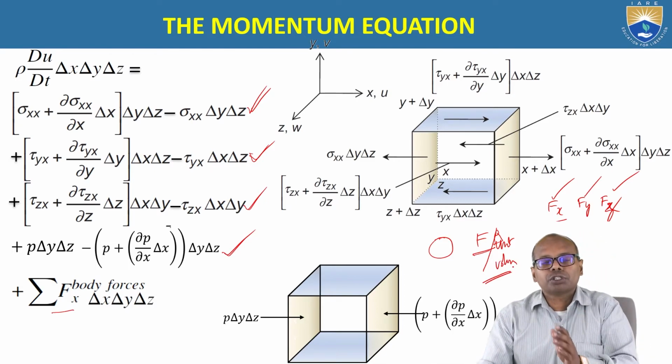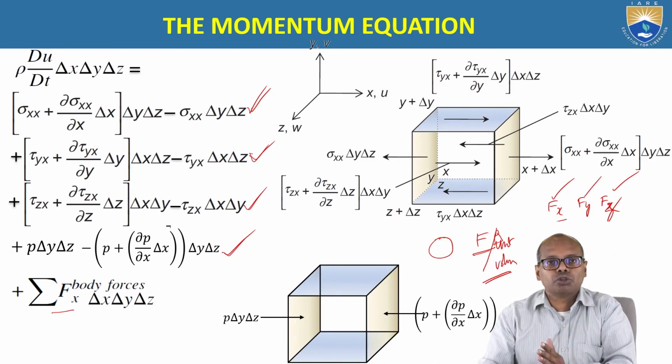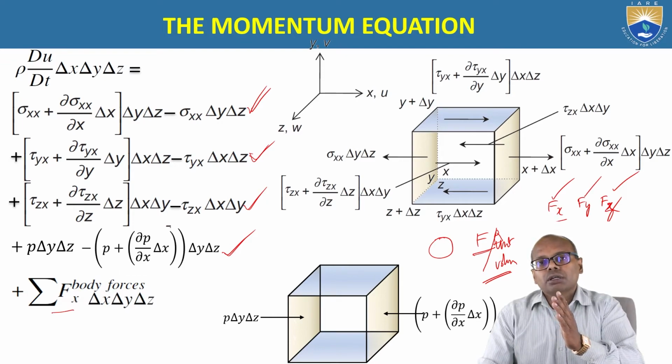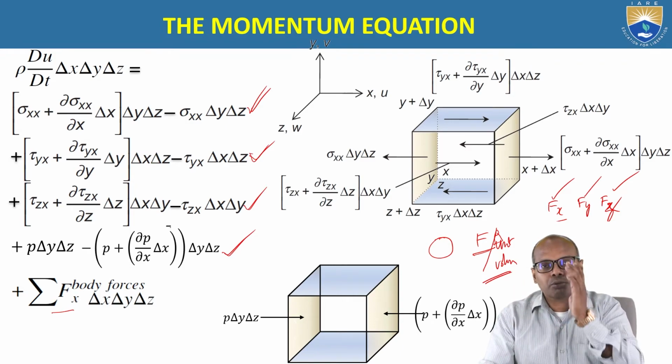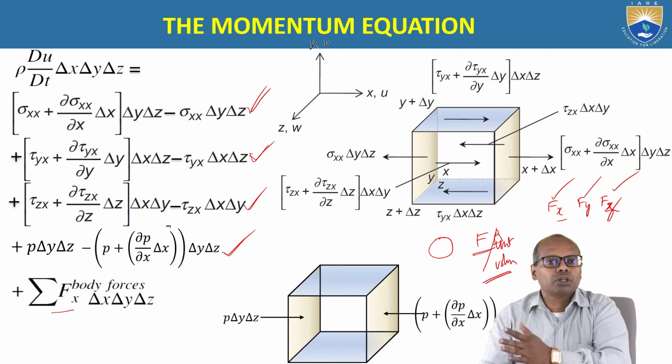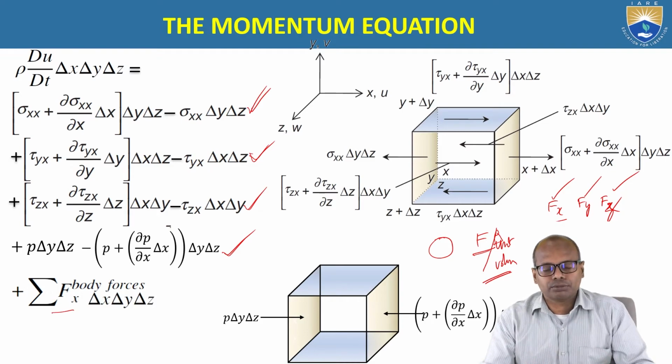If this body force is force per unit volume, then because the weight, centrifugal forces, all those things are proportionate to mass, but in the calculations you will have the density into volume, so we are taking only volume here.